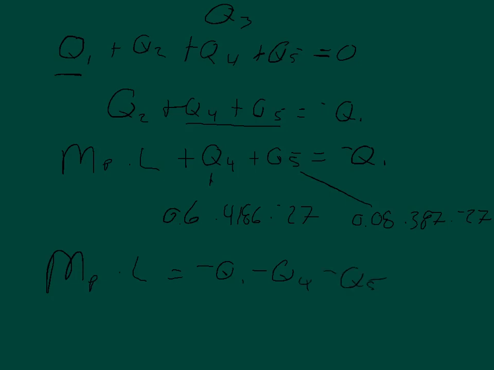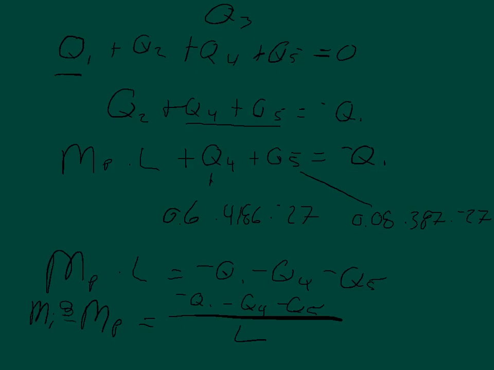We can divide the right-hand side of our equation by L, and we get the mass of the phase change is equal to negative Q1 minus Q4 minus Q5 divided by L. That gives us the mass of the phase change. That's how much melted. So we take that answer and subtract it from the initial amount of ice.